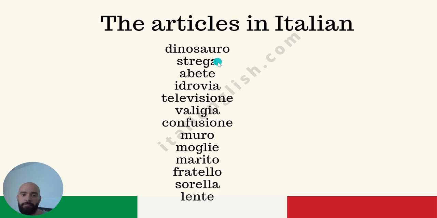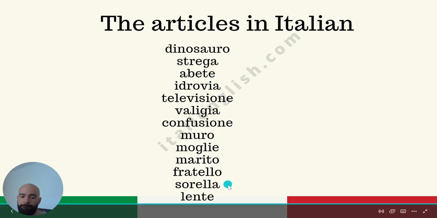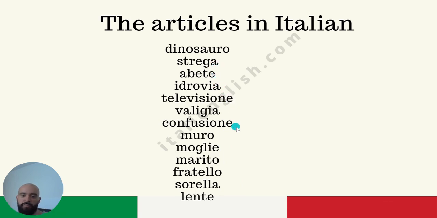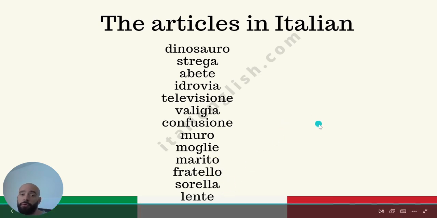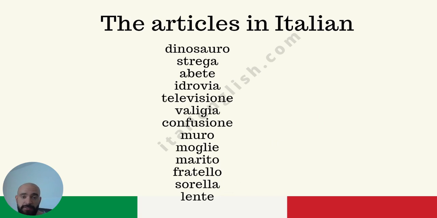So do the same thing for these other words. Again, don't Google the meanings. It's irrelevant. It is just an exercise to get you familiarizing with genders, numbers, well, in this case, just gender and their own articles. But when you see words with final E, which are abete, televisione, confusione, moglie, and lente, you don't know exactly which article to pick, right?